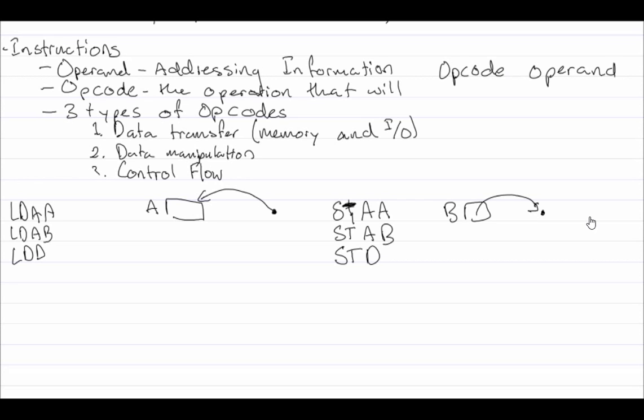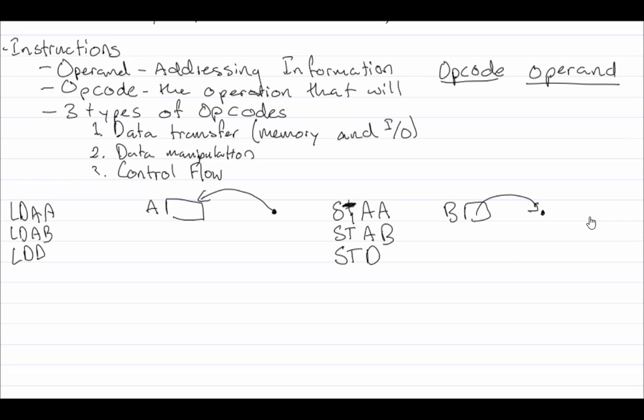The opcode is the operation that we're going to perform, and the operand is any addressing information we need. So a register, memory location, I/O port, stuff like that. That's what the operand states.